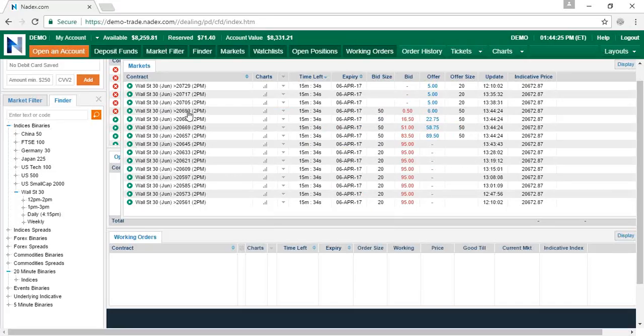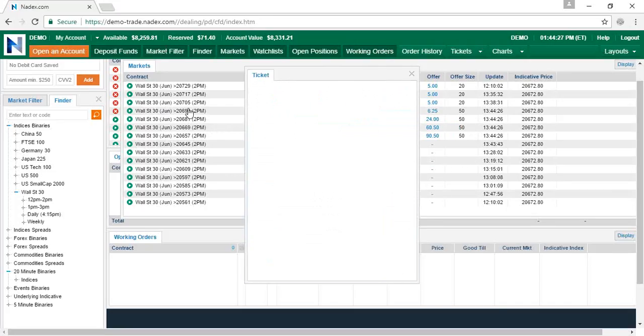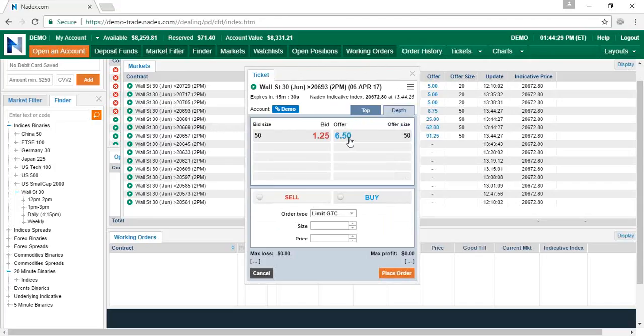Okay. So when we talk about things being a percentage of probability, look at this binary contract right here, 20,693. What is the probability, just based on pricing, of this binary contract expiring in the money? What's the probability of it expiring above 693? Yeah, probably about like 3%.